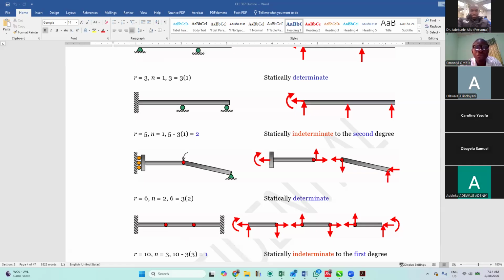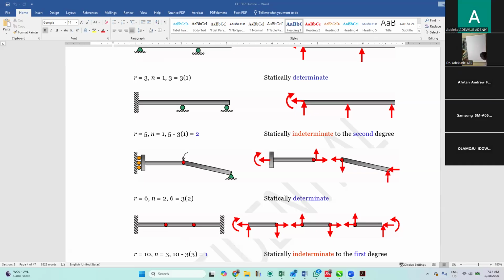Can you see my other camera? Yeah. But it's not showing anything. Okay.